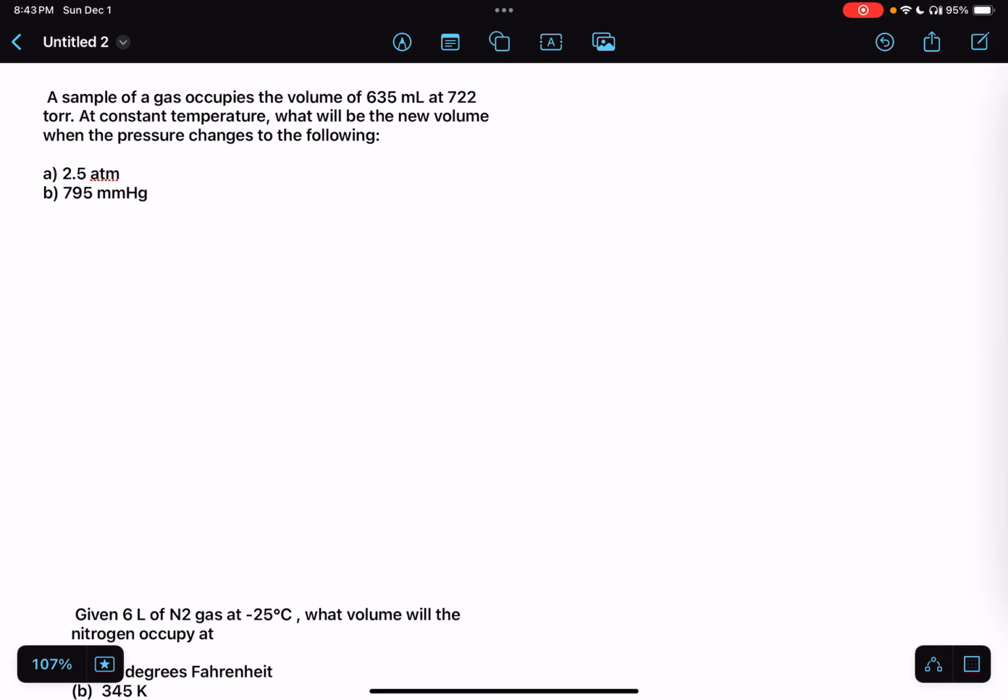All right, this is chapter 10, questions 4, 5, 6. Just a little review. A sample of a gas occupies the volume of 635 milliliters at 722 torr. At constant temperature, what will be the new volume when the pressure changes to the following?